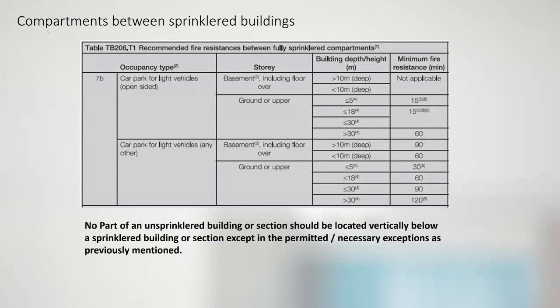But important to note that no part of an unsprinklered building or section should be located vertically below a sprinklered building, or exceptions and permitted necessary exceptions as previously mentioned.